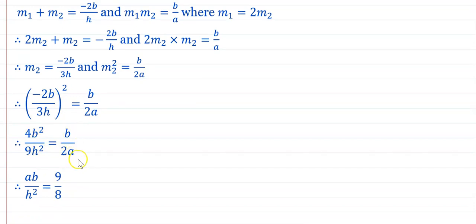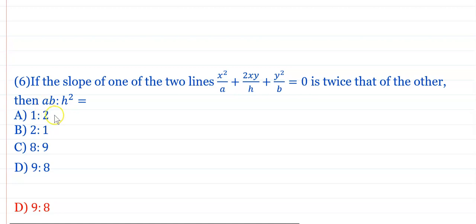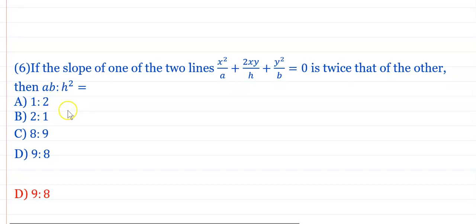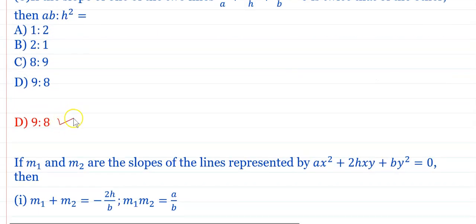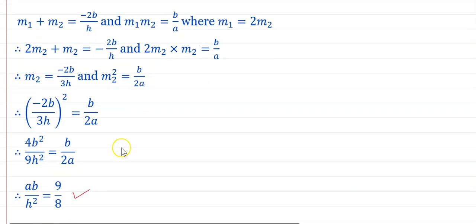After simplification, this b will get cancelled, and ab upon h square is equal to 9 upon 8. Therefore, ab is to h square is 9 is to 8. Okay, an easy question though.